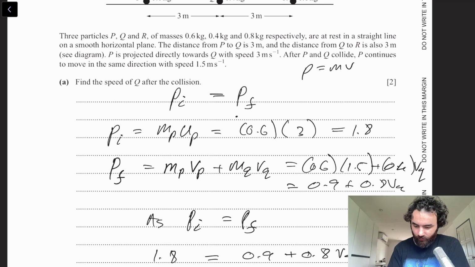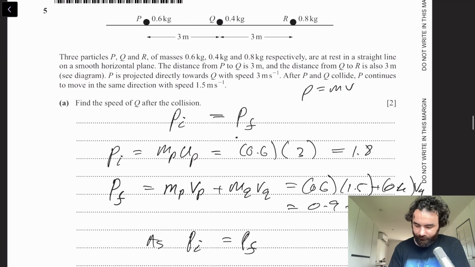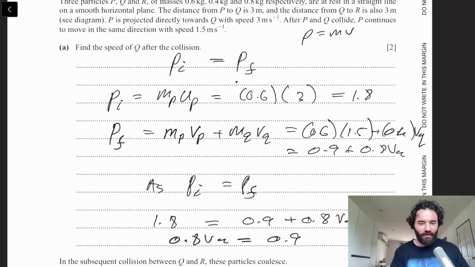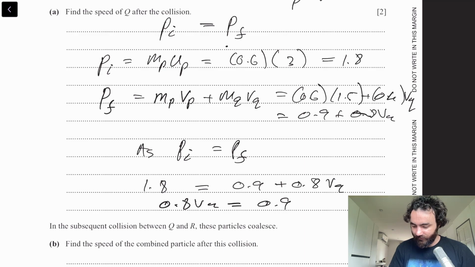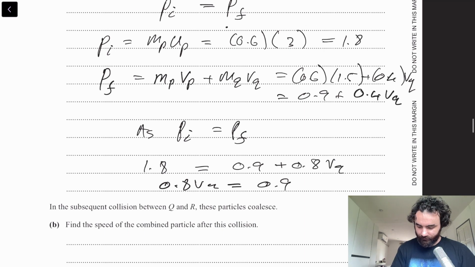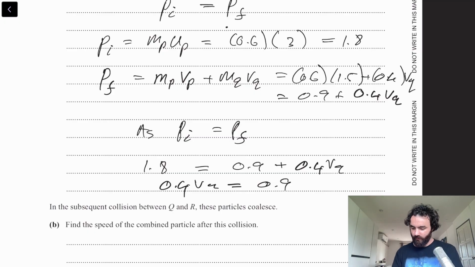Sorry, I put in the wrong mass. I was looking at that one. I'm not used to speaking and doing work. It's been a while. Anyway, so this is 0.4. Okay, so 0.9 divided by 0.4. So VQ equals 2.25 meters per second.